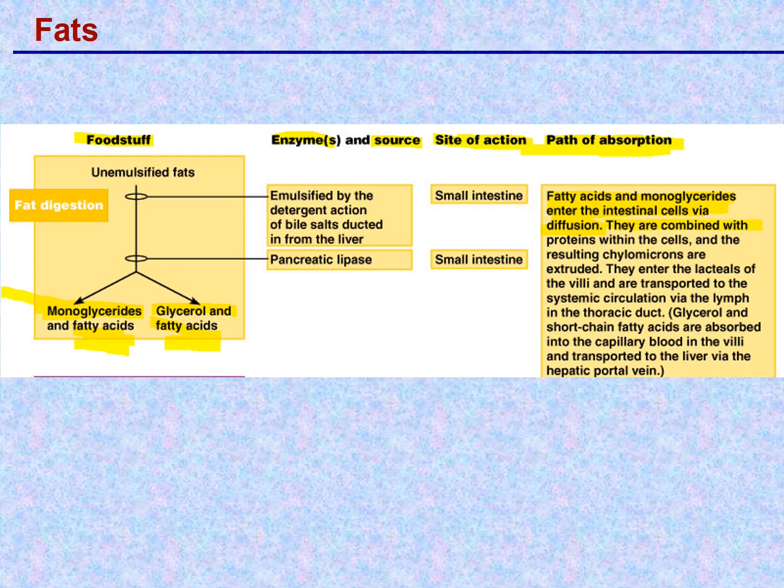There they combine with proteins inside the cell and become what are called chylomicrons. The chylomicrons then can pass into the lamina propria and enter into the lacteals and get transported through the lymphatic system, which eventually will join with the blood vasculature.